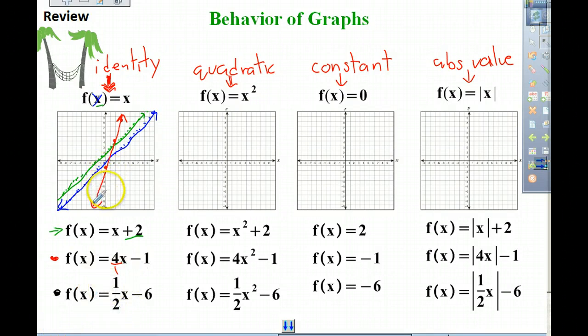This one, minus 6, up 1 over 2, something like that. Just in general, just kind of sketching it. The same thing will happen with quadratics. f of x equals x squared looks something like this. Here's a parabola shape.